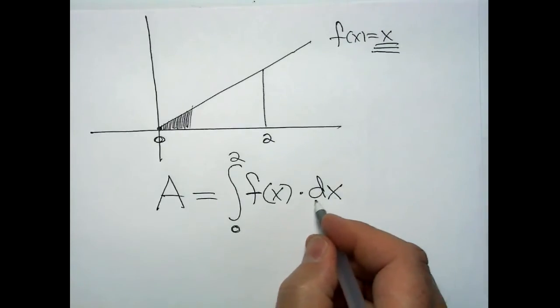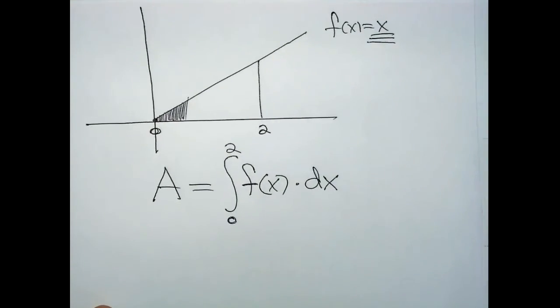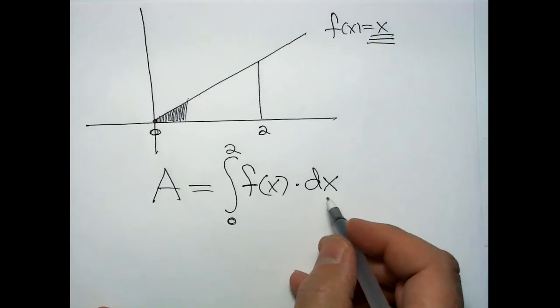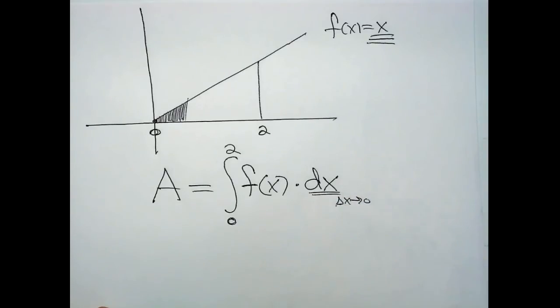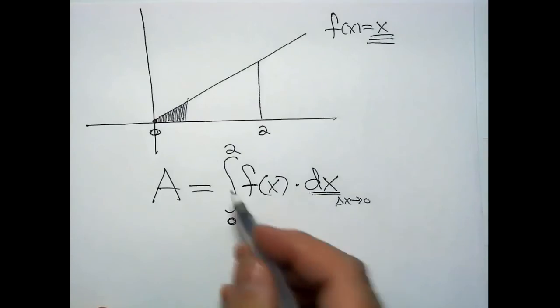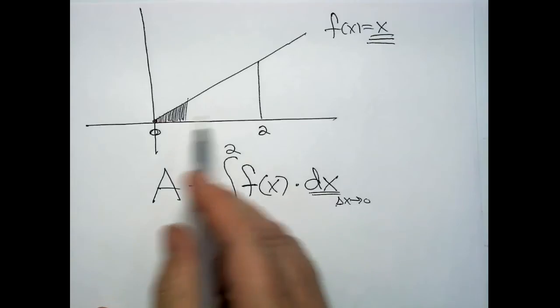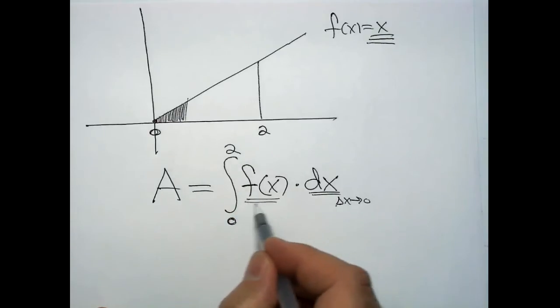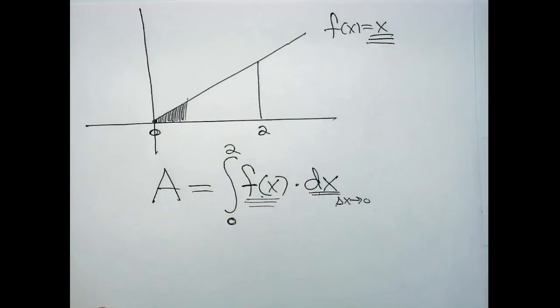This is my infinitely thin width. dx always represents a little bit of x. It's not 0. It's delta x approaching 0 is what it really is. It's as thin as possible. So think of this as a sum or a sweeping out of area of these height times widths, where the widths are very, very, very thin.